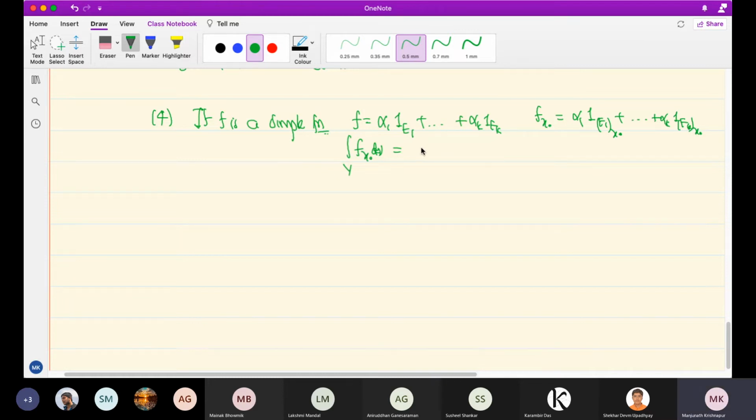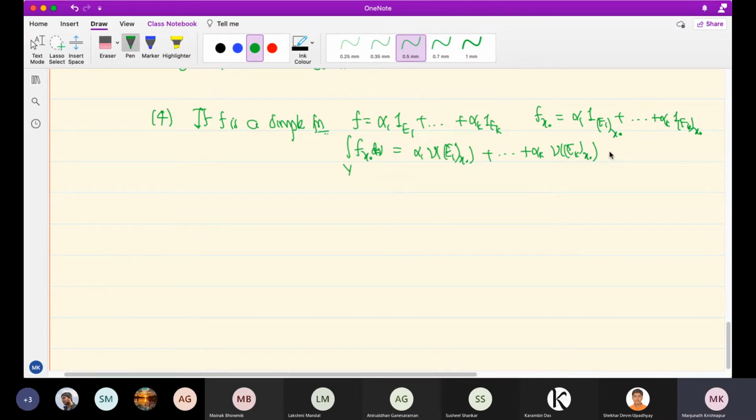So the integral will be just alpha 1 nu of E1 x dot plus alpha k nu of ek x dot, which is measurable.